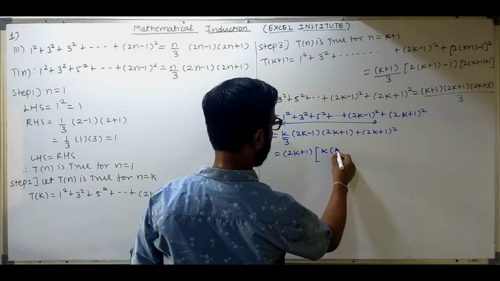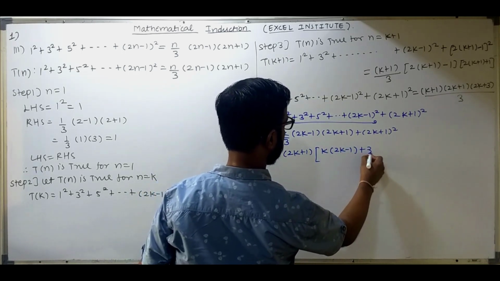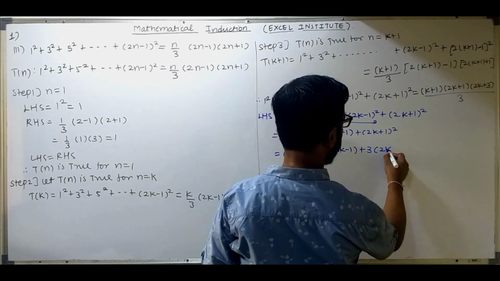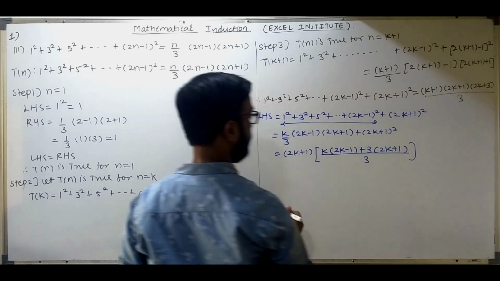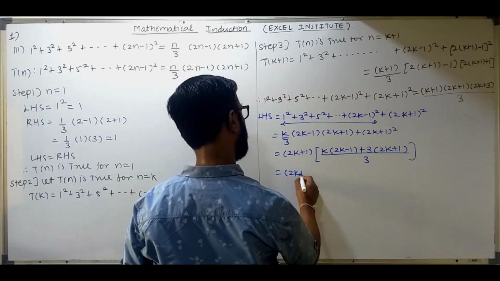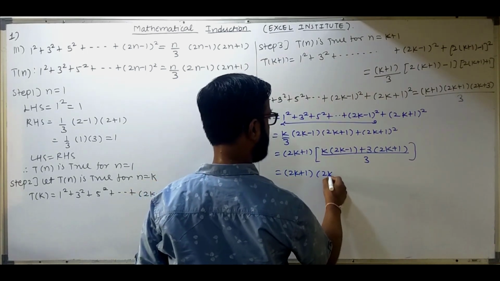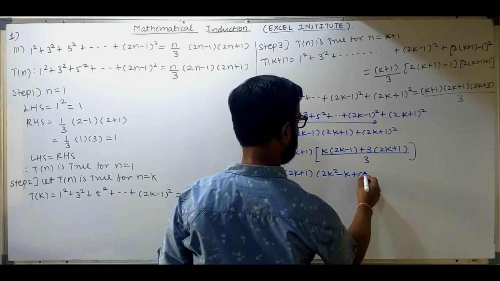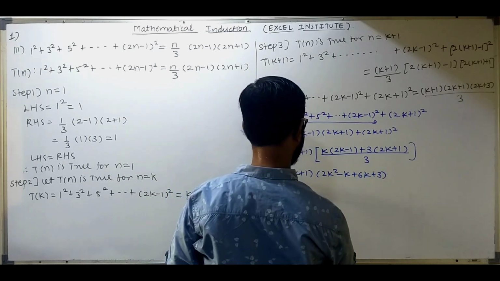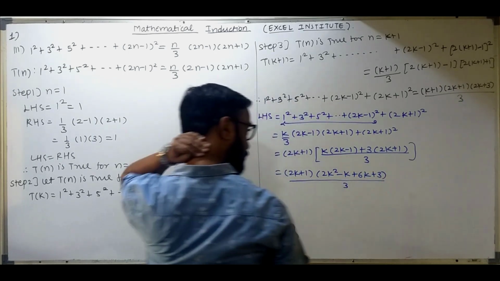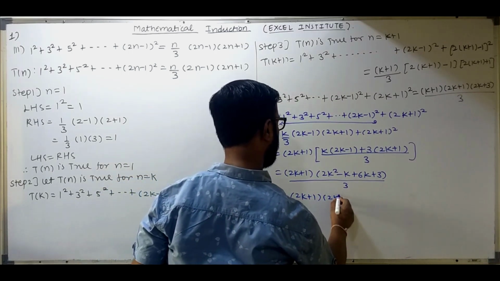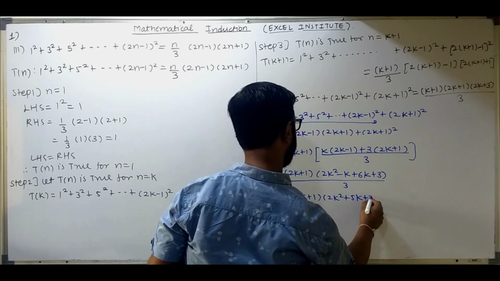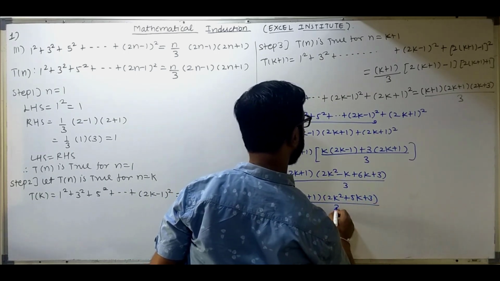So k times 2k minus 1, over 3, plus 2k plus 1 outside, so it is 2k plus 1 times 2k square minus k plus 6k plus 3 upon 3. So this is 2k plus 1 times 2k square plus 5k plus 3 upon 3.